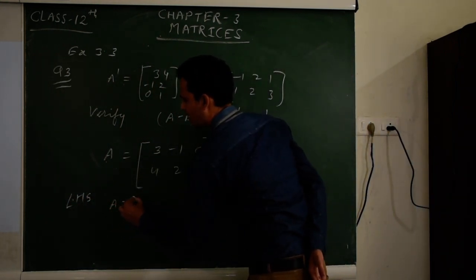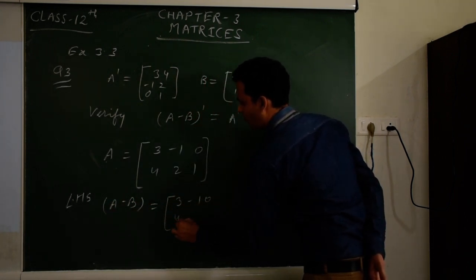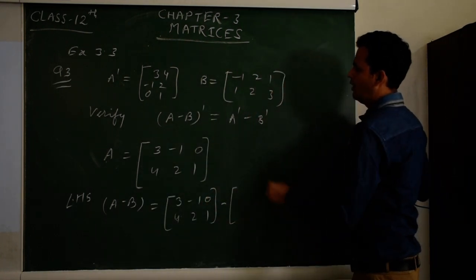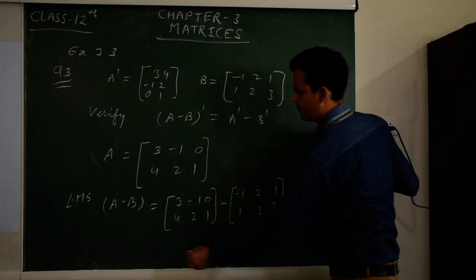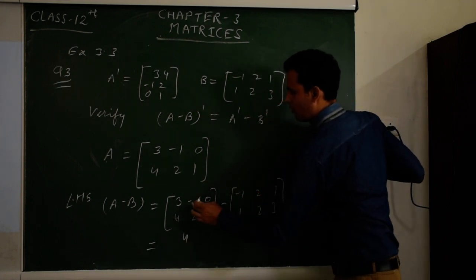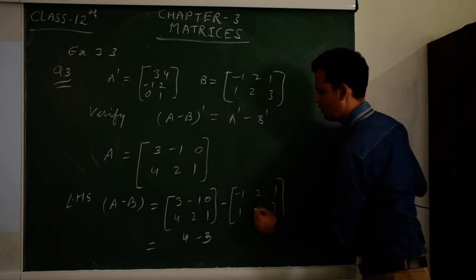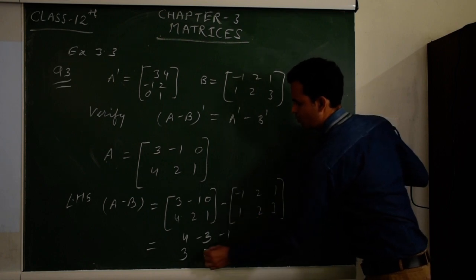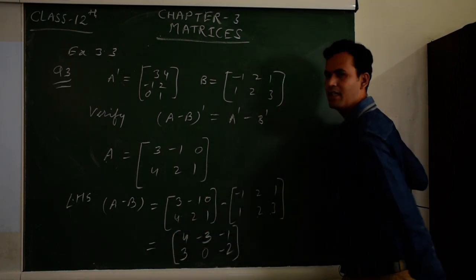A minus B: A is 3, minus 1, 0, 4, 2 and 1, and minus B, where B is minus 1, 2, 1, 1, 2, 3. So 3 minus minus 1 is plus 1, that means 4, minus 1 minus 2 is minus 3, 0 minus 1 is minus 1, 4 minus 1 is 3, 2 minus 2 is 0, and 1 minus 3 is minus 2. This is A minus B.